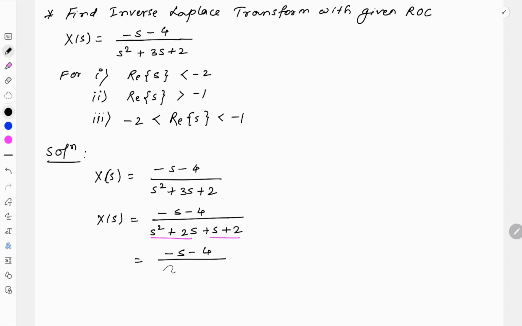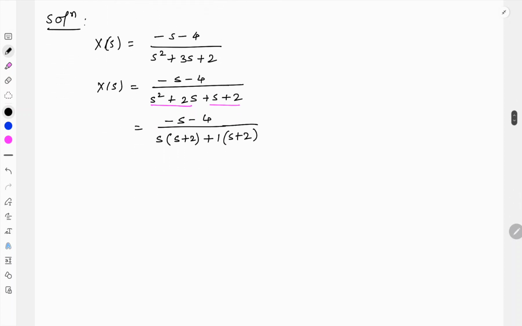In the first term we have taken s common, so remaining term is s plus 2, plus in the second term we can take 1 common and the remaining term is s plus 2. Now minus s minus 4 divided by, from the terms we can take s plus 2 common and the remaining term will be s plus 1.